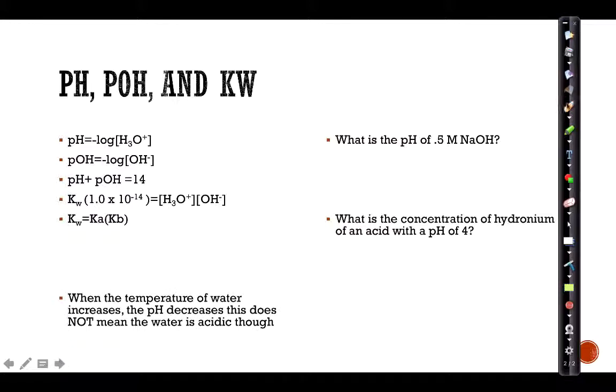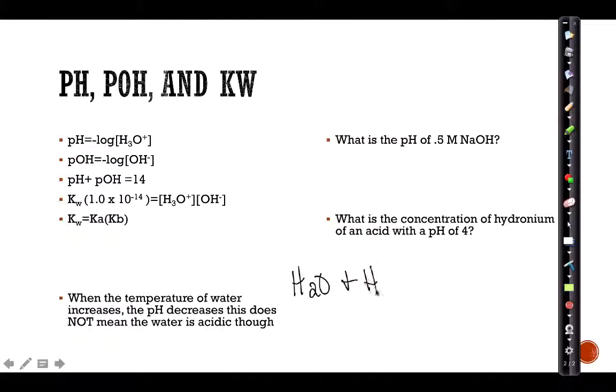Okay, so I have seen this question come up a few times, and it deals with the temperature. So if you increase the temperature, you actually can lower your pH. And what actually happens is when you heat something up, you're changing what K is. So you're actually changing KW. Well, when you do that, the reaction actually starts to shift more towards the product side.